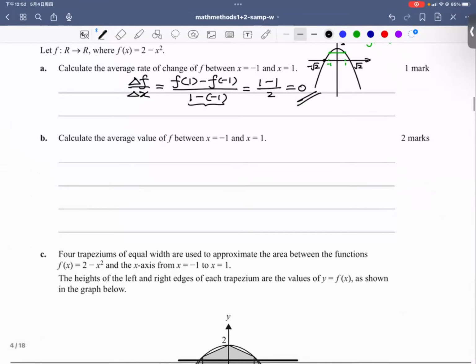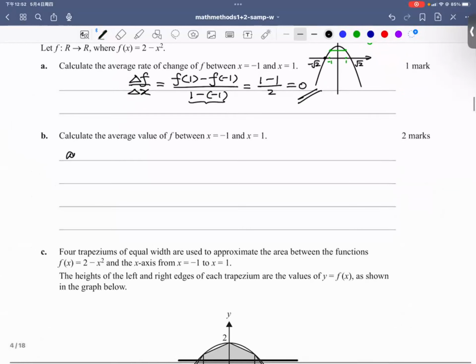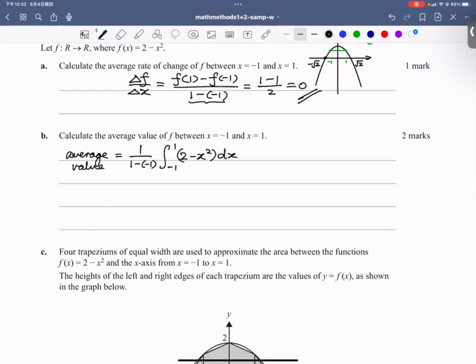But for the average value, it's another story. So average value is the constant 1 over 1 minus minus 1. Integration from -1 to 1, 2 minus x squared dx, okay? So basically, this is half integration -1 to 1, 2 minus x squared dx.